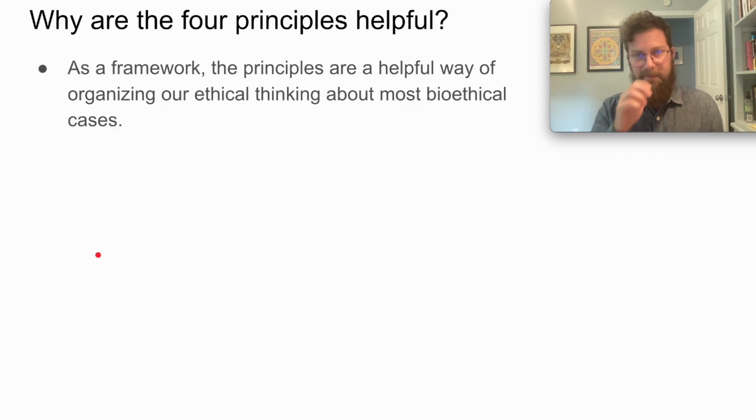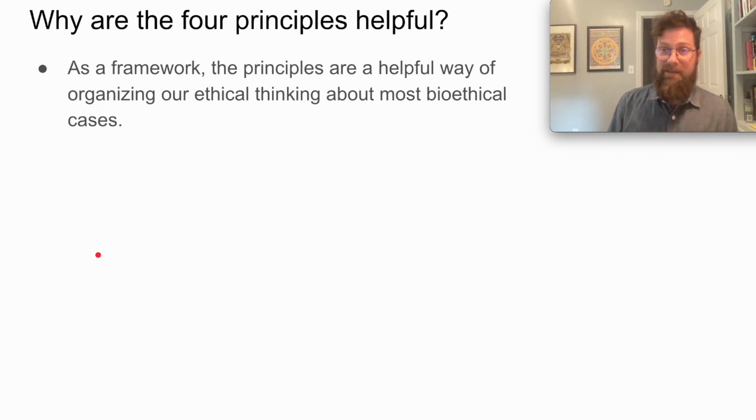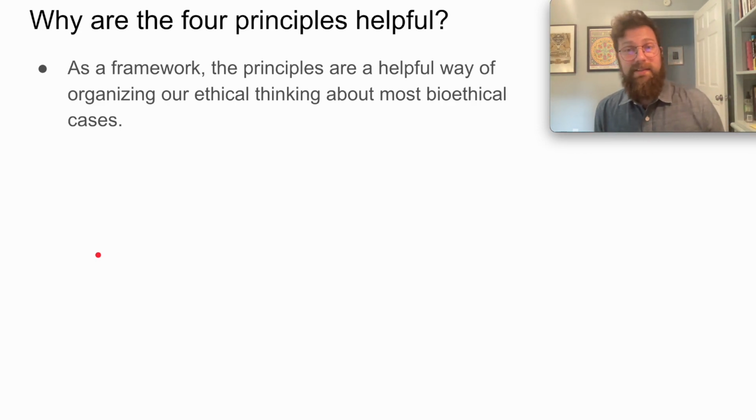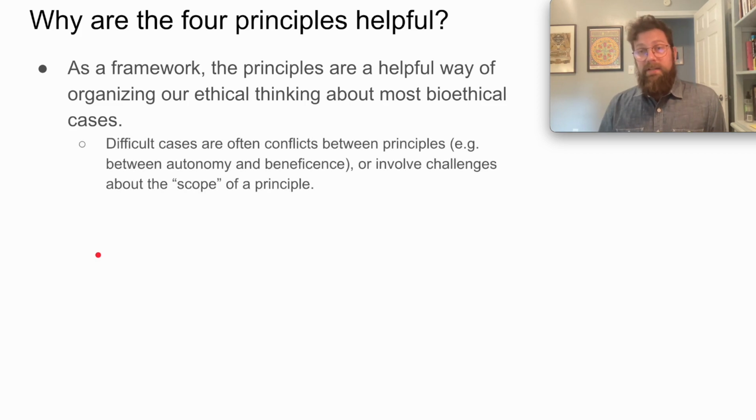So why are the principles helpful? Well, as I've already suggested, as a framework, these principles are a really helpful way of organizing our ethical thinking about most, perhaps the vast majority of bioethical cases. And when we come to difficult cases, we might understand them a little better by understanding them, say, as conflicts between things like autonomy versus beneficence.